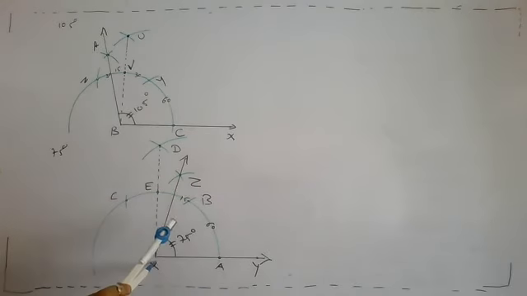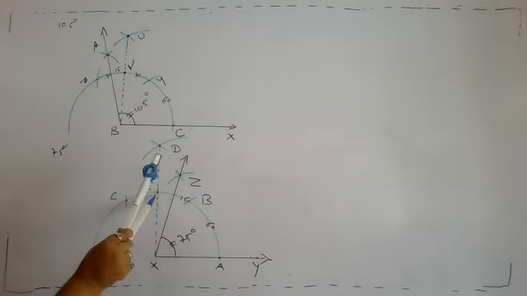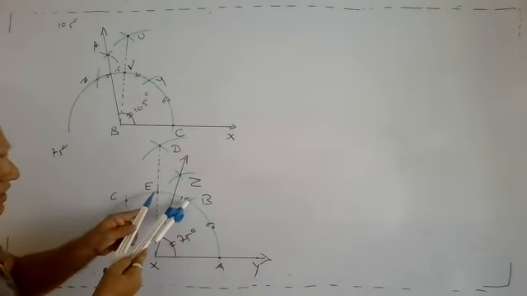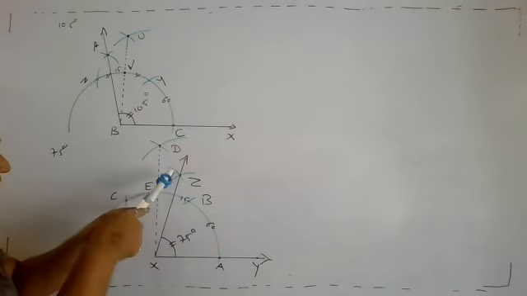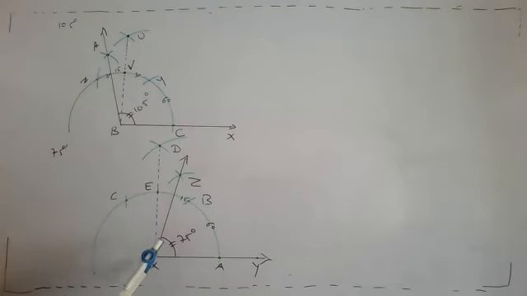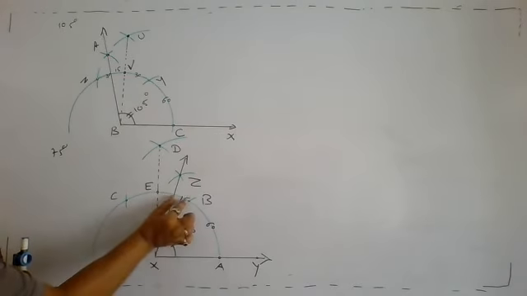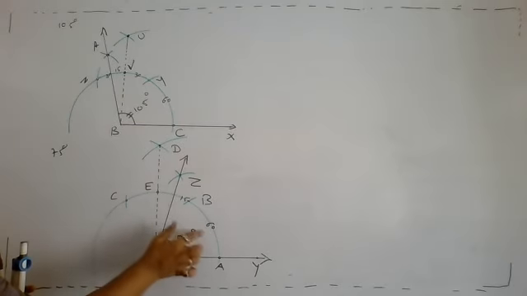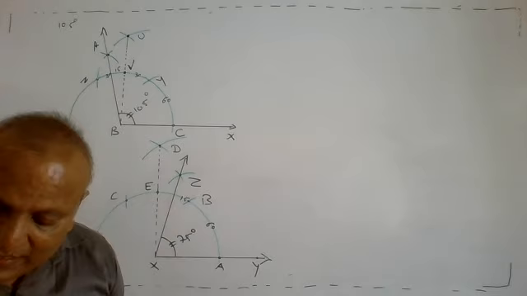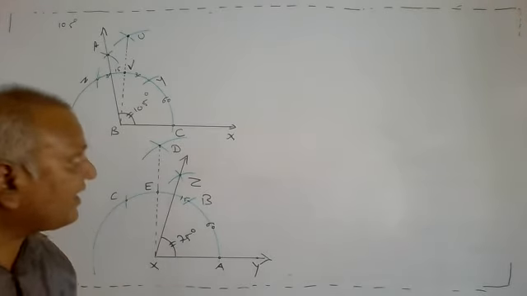And D to X dotted line intersects at E. Then take more than half of E to B, from E first arc, from B second arc. Where both the arcs meet, it is Z. Join X and Z. This is 60, this is 15, this is 15. So 60 plus 15, 75. I hope you understand this 75 degree.